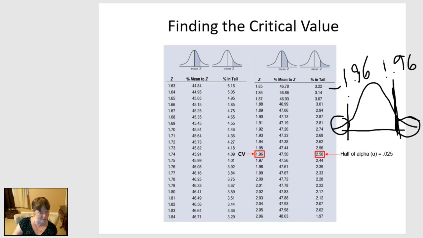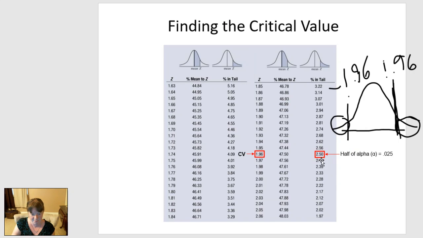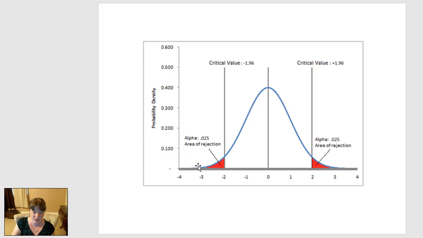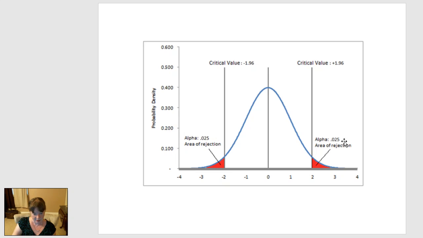Let's look at a better picture than my chicken scratches. What this table is telling us is we're putting 2.5% in this upper tail and 2.5% in this lower tail, so the z value that cuts off 2.5% is 1.96 here and negative 1.96 here.